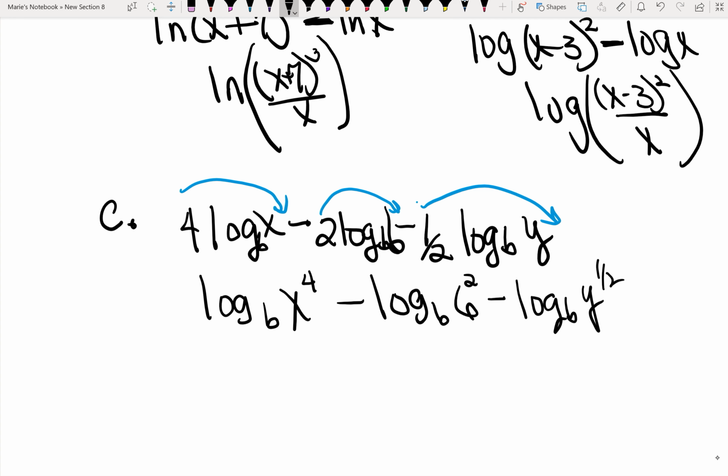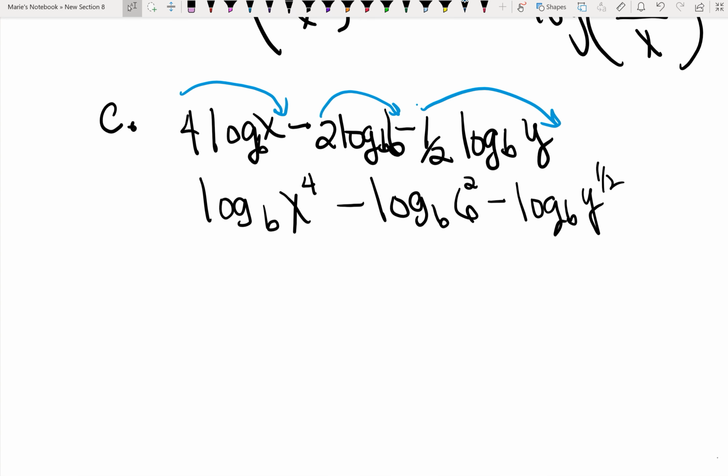All right, and now we begin the process. This is where people get confused because you notice there's 2 negatives. All right, pay attention to the step. Look at what's going to happen. This is log base b x to the 4th.